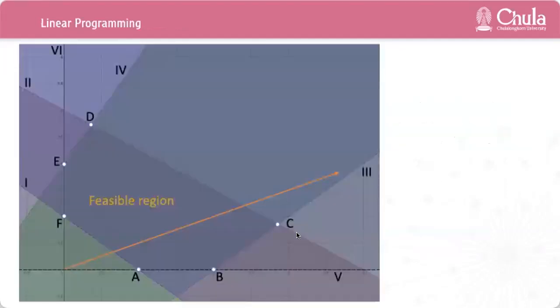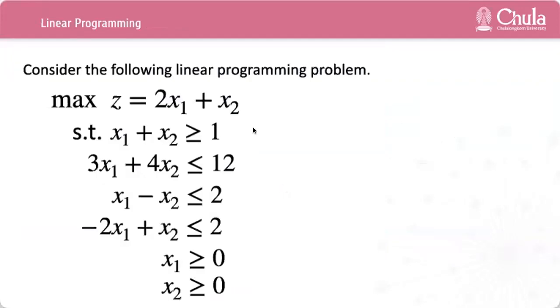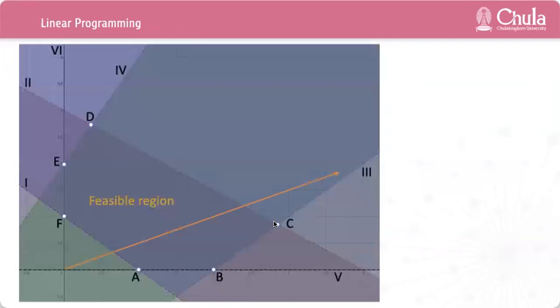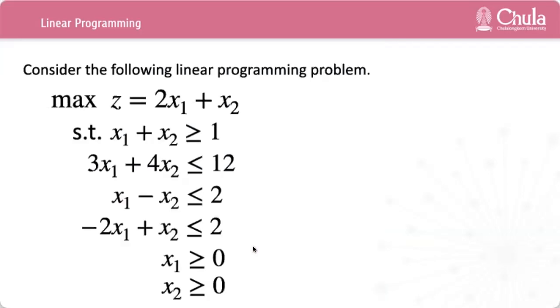For example, if we want to maximize this problem, C is our maximum point. And if you want to know the coordinate of this point, you have to solve the intersection between constraint 2 and constraint 3.